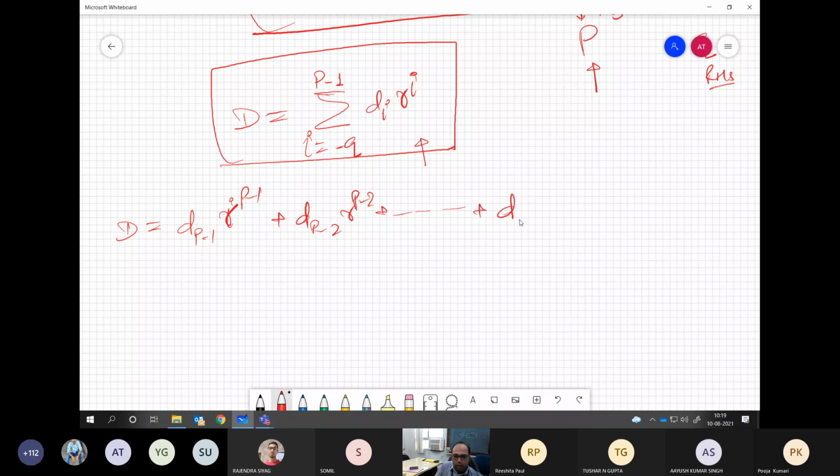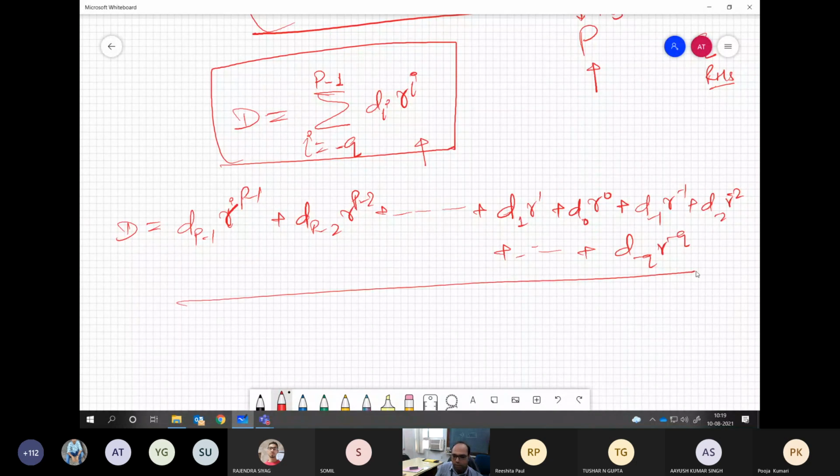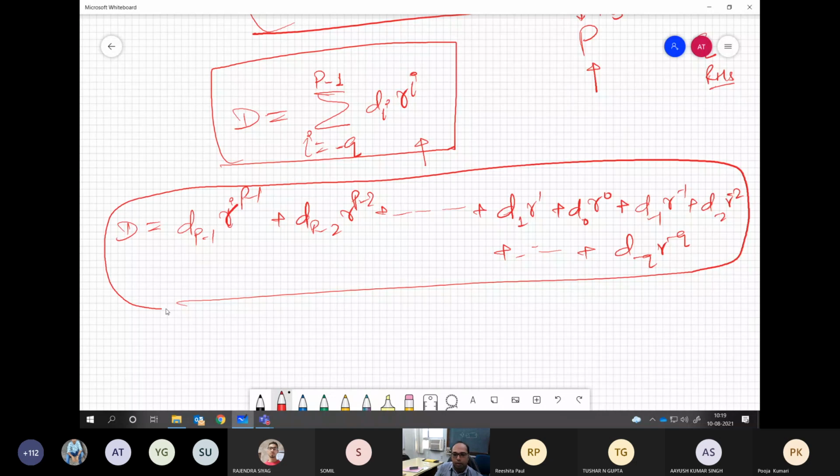It will go on up to d1 r1 plus d0 r0, and further it will proceed to d minus 1 r minus 1, d minus 2 r minus 2, up to d minus q r minus q. So these are the positions.